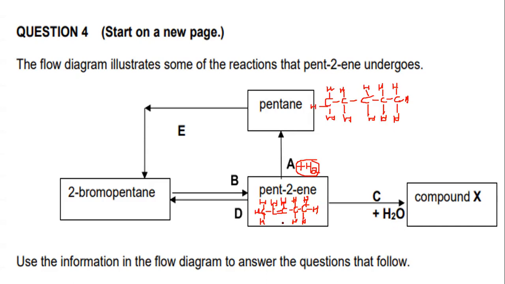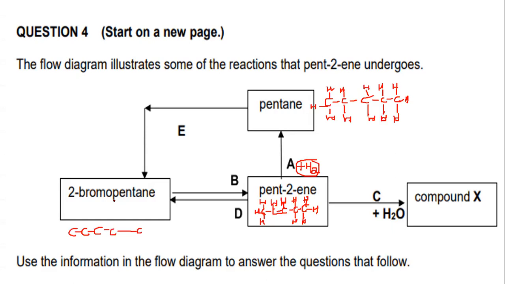Then we look at D. By just adding water to an alkene molecule, it's definitely addition, and the type of addition is adding water means hydration. Then we go from pent-2-ene to 2-bromopentane. So 2-bromopentane looks like this. 5 carbons.